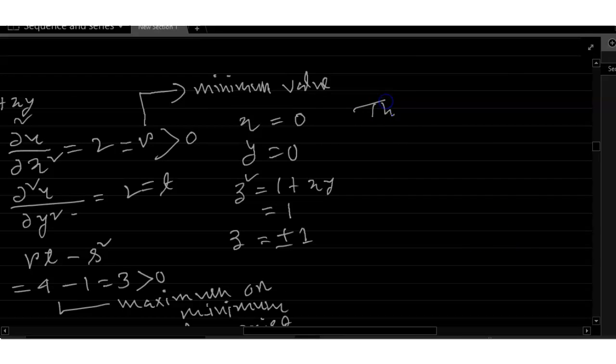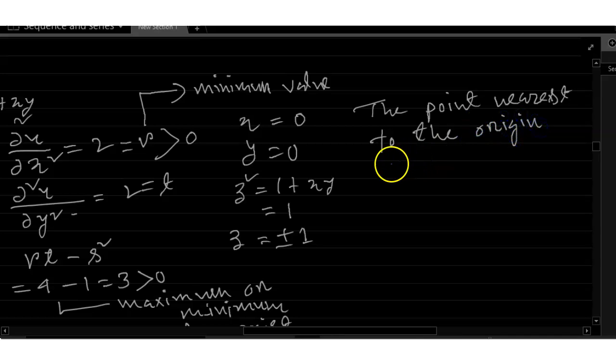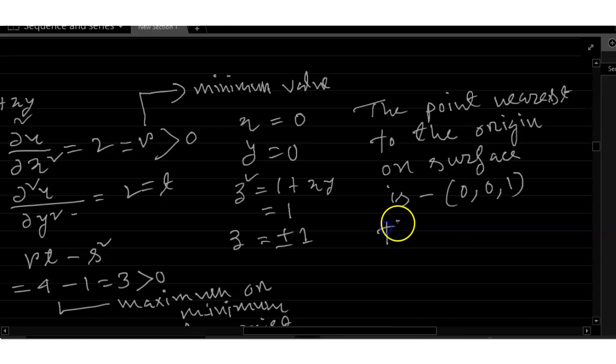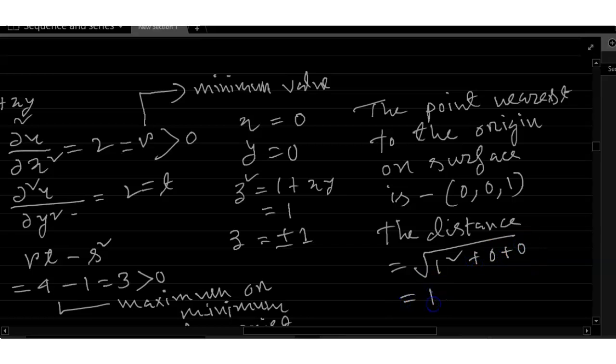So the point nearest to the origin on the surface is (0, 0, 1), and the distance equals root over 1 square plus 0 plus 0, which equals 1. So we get the value.